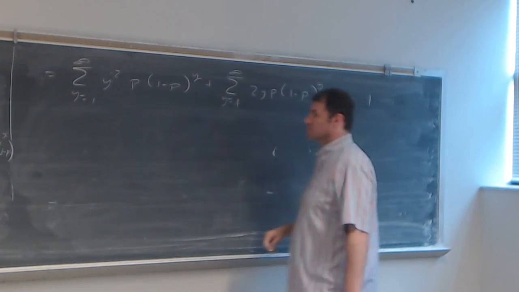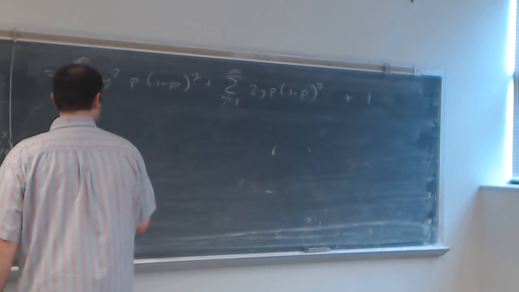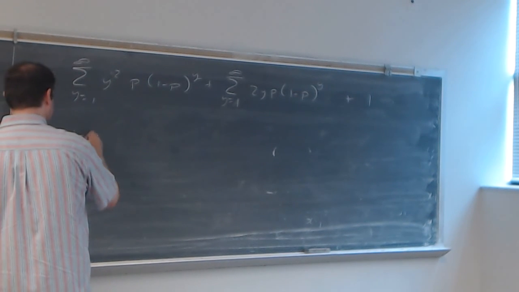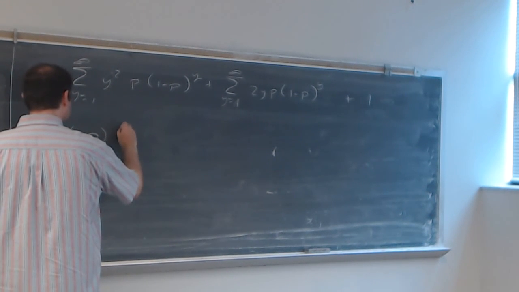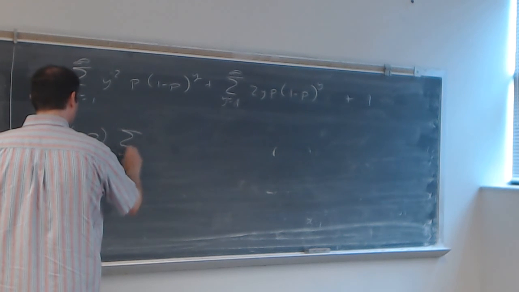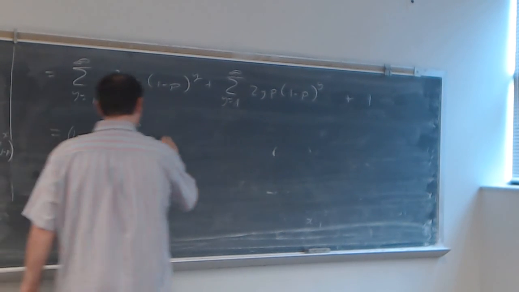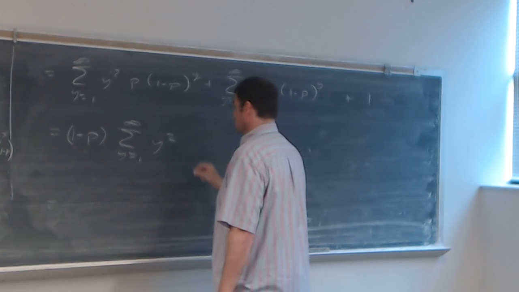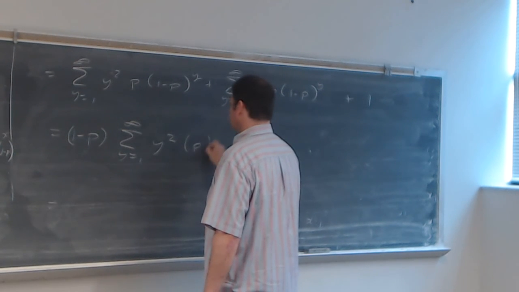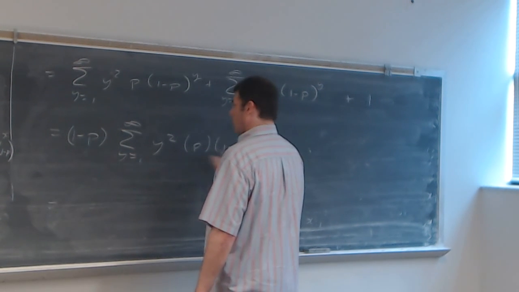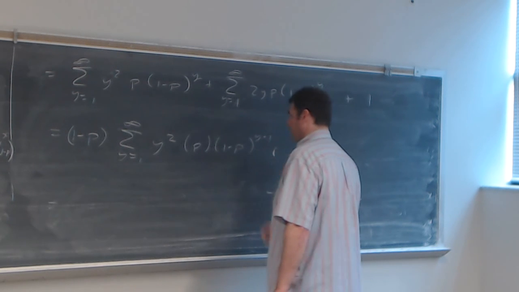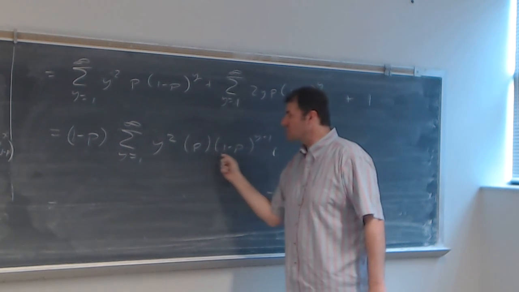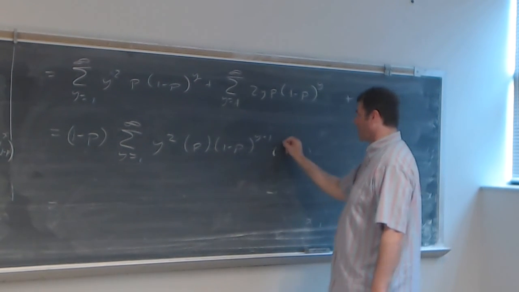And I'm going to say that's equal to, if I pull out 1 minus p, the sum as y runs from 1 to infinity of y squared times p times (1 minus p), but I pulled out one of them, so it's to the y minus 1. And that looks a lot like our original problem.